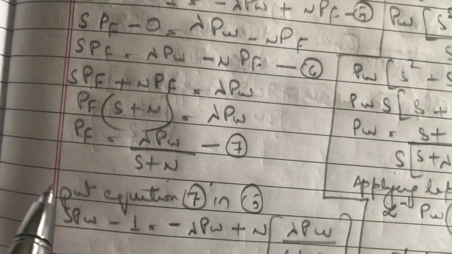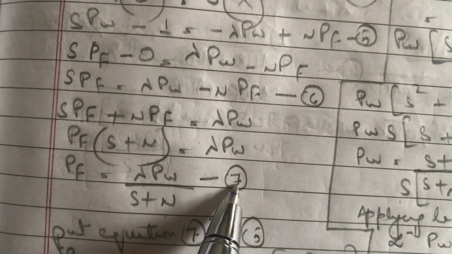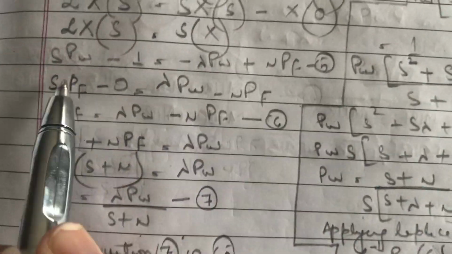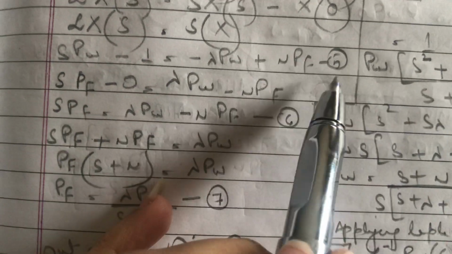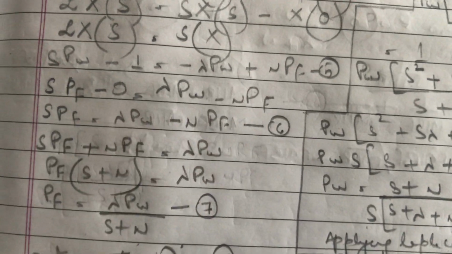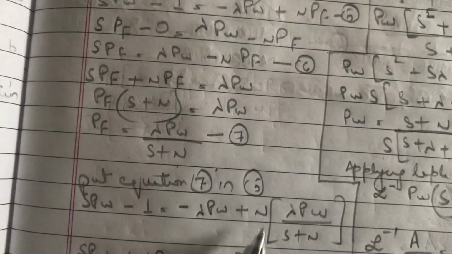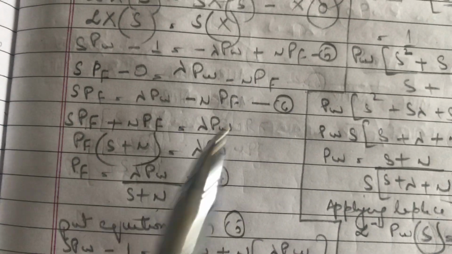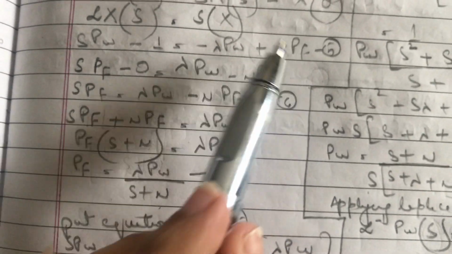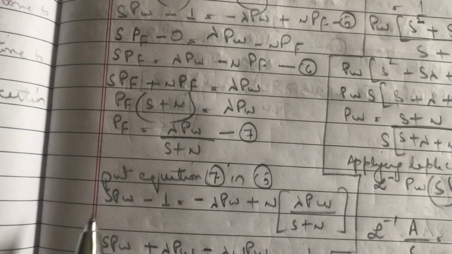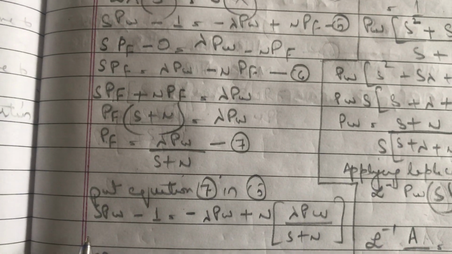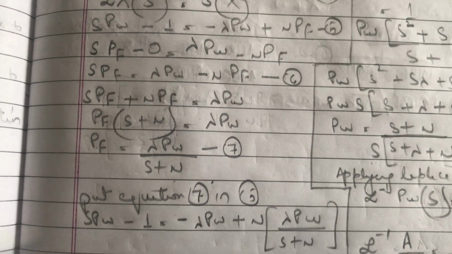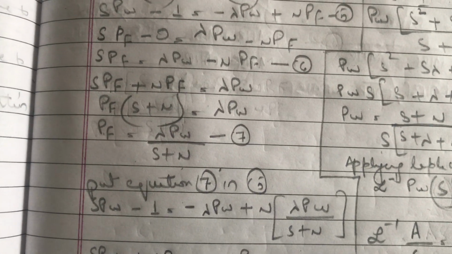Now we have to put equation 7 in equation 5. I told you that this pf is irritating us, so we want all the values in terms of pw, so we put the value for pf in equation 5. So you can see that there would be all the terms related to pw, so we have got pw.